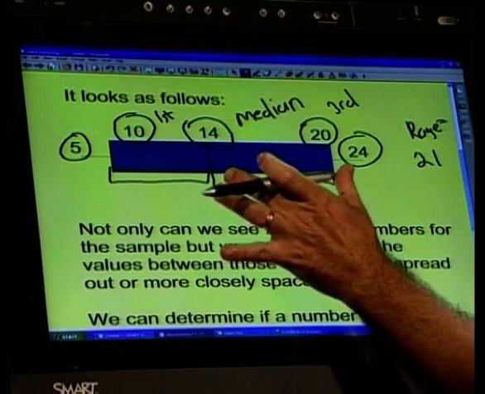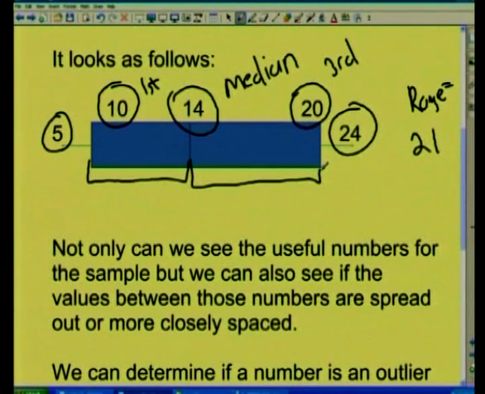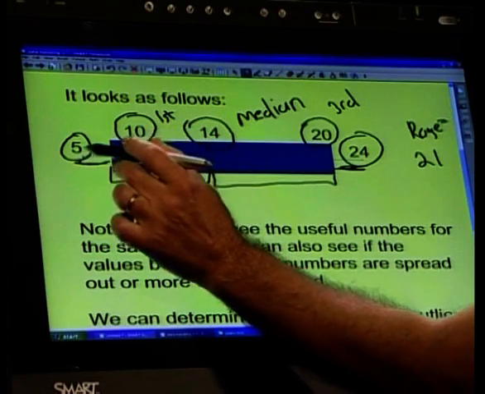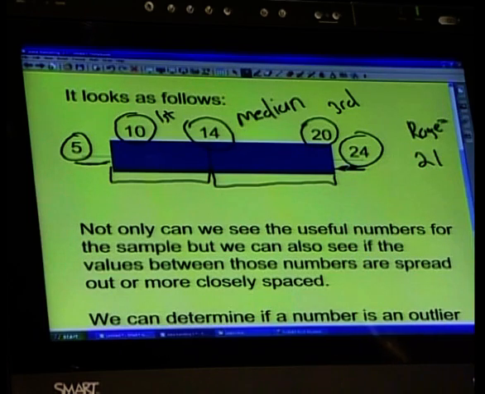That's why the box is wider here than it is over here. Similarly, we can indicate how far away the values of the range are away from the box, or from the first and third quartile. In this case, they were both pretty similar in distance. There's a distance of 5 between the 5 and the 10, and there's a distance of 4 between the 20 and 24.